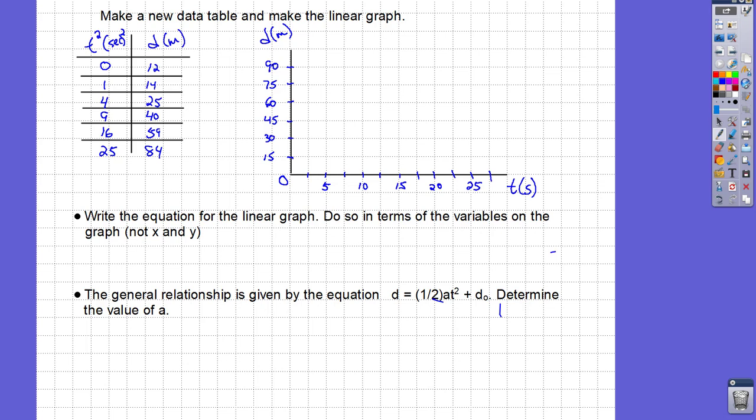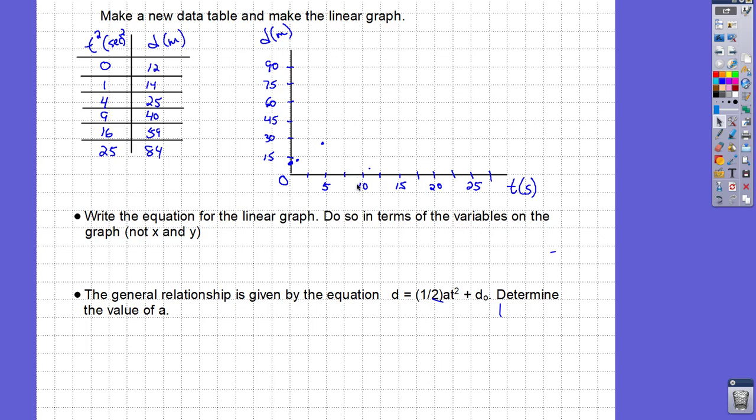That's the whole point of doing this. So 0, 12, 1, 14. So 1 is going to be really close there, so it's going to be like that. We've got 4 and 25, which is going to be kind of up here.